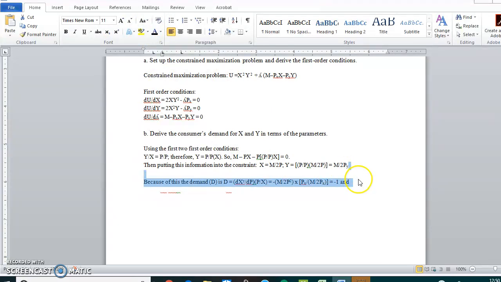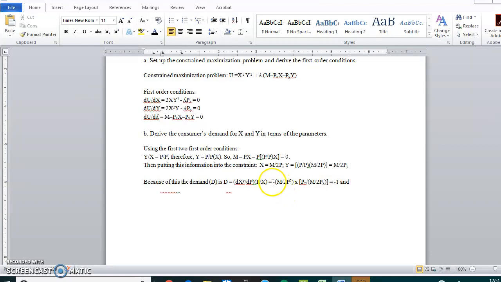So because of this, we've done this step, but because of this, we know that the demand, which we'll call D, is the derivative of x to the power of y over the derivative of p times p over x, which is also equal to negative m over 2p squared, times p subscript x over m over 2p x.